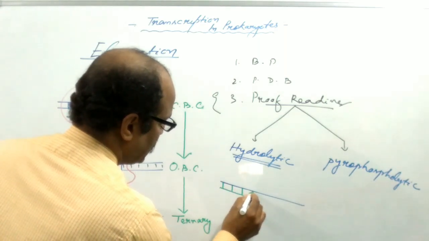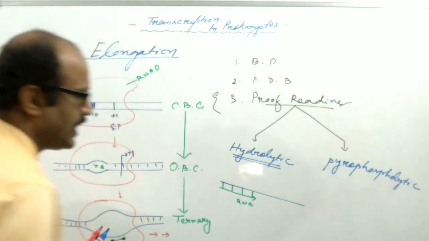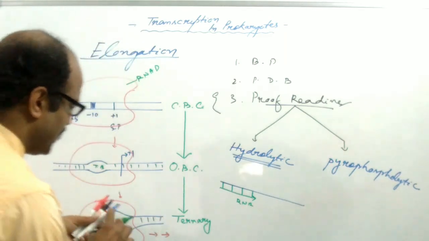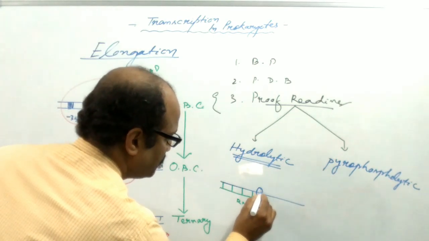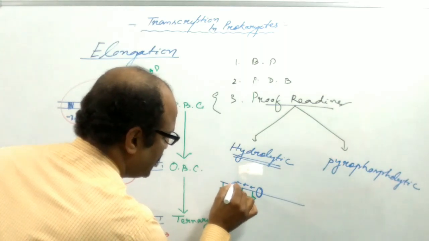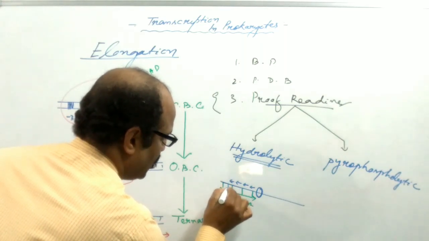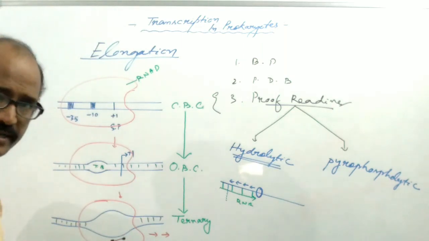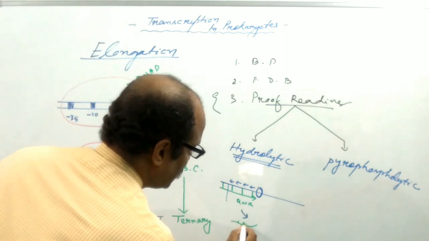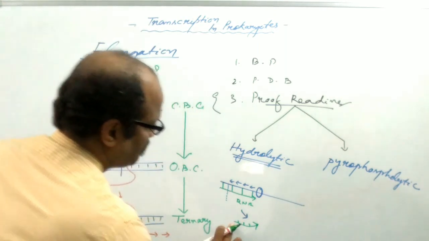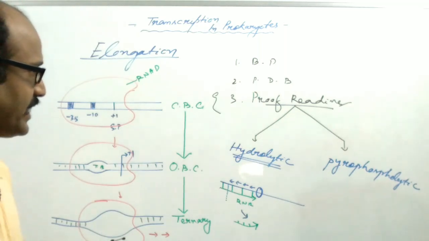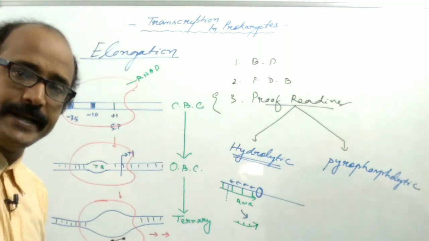If any base pair is found to be incorrect, then the RNA polymerase enzyme moves backward, cuts the RNA strand, and removes the portion of the transcript from the template strand. This is known as the hydrolytic process of editing.